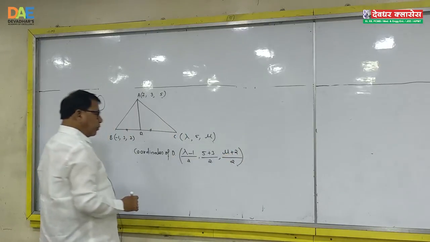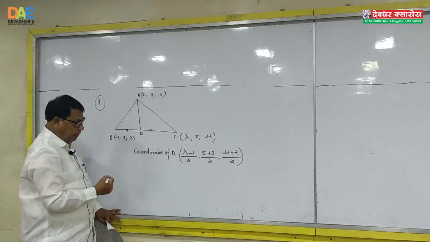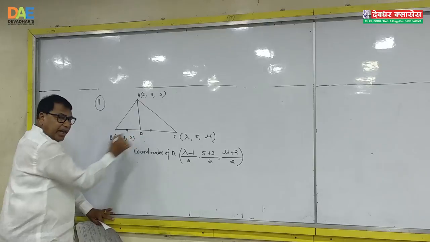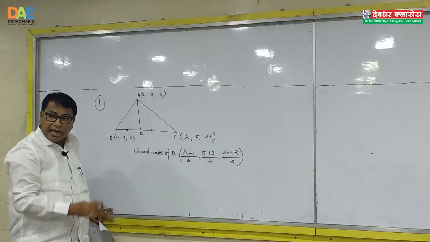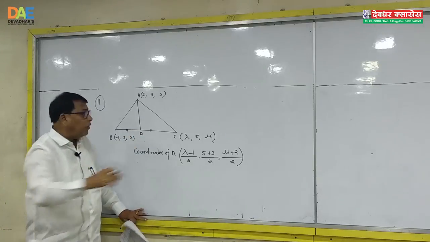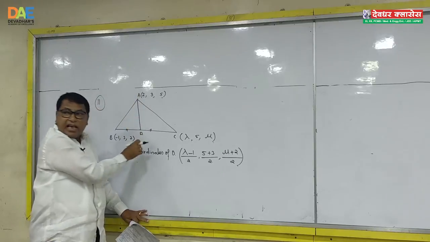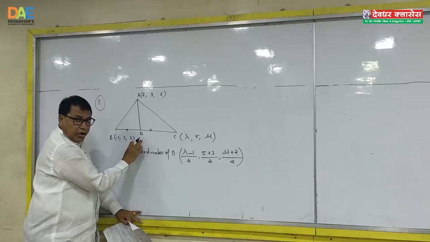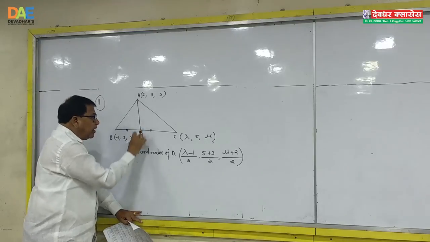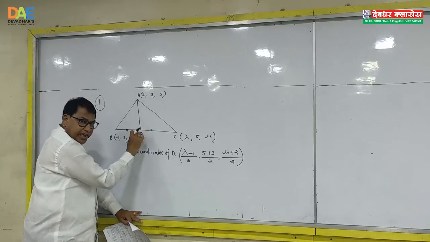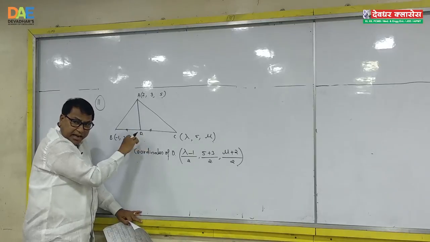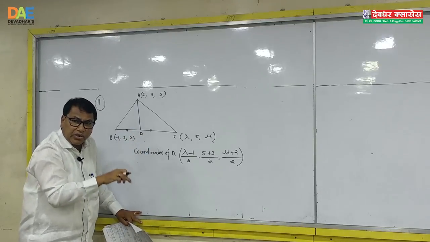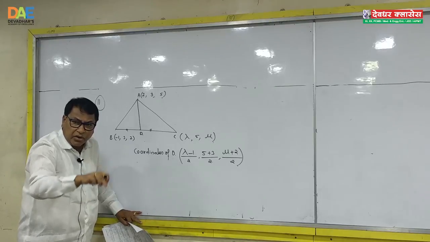So these are the coordinates of point D. Now we shall find the DRs of AD, and then from the DRs we shall obtain the DCs of AD. DCs mean cos alpha, cos beta, cos gamma.